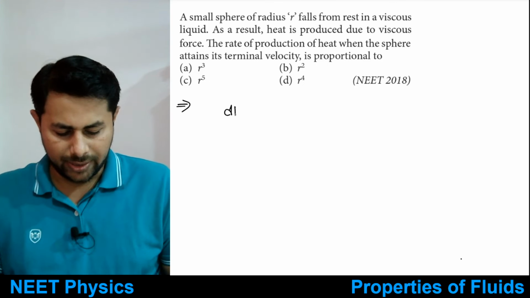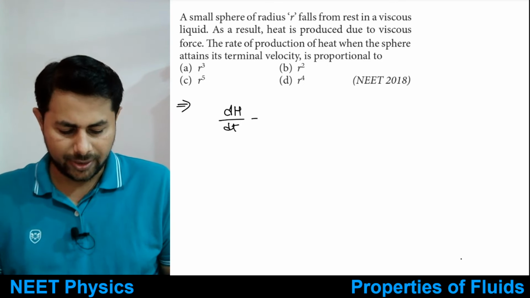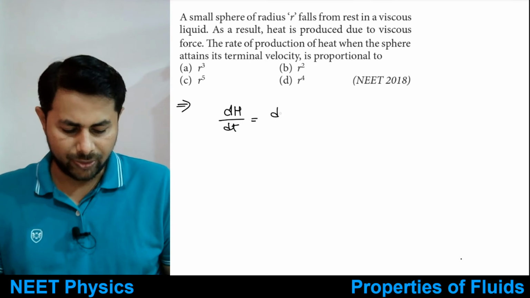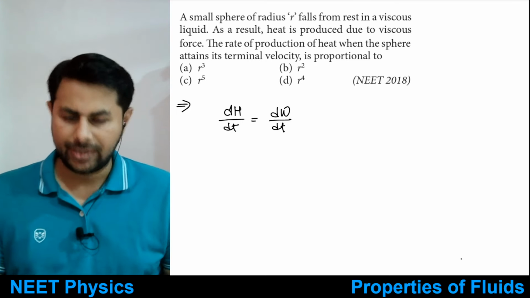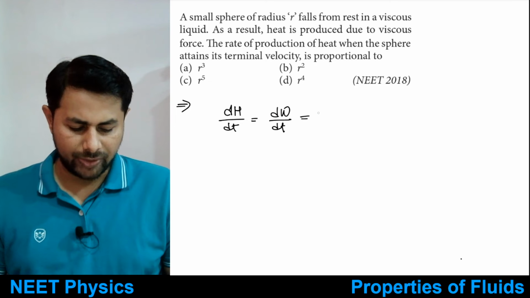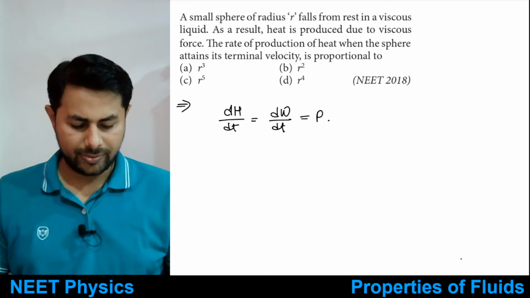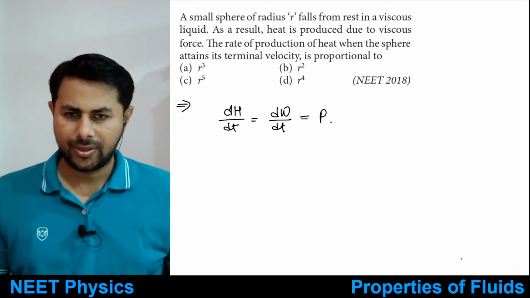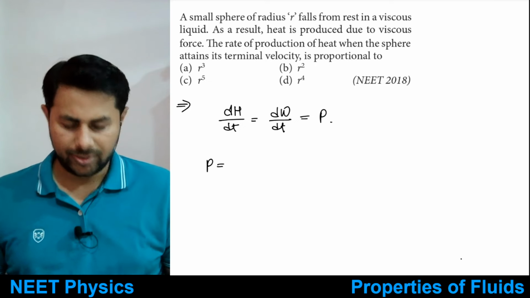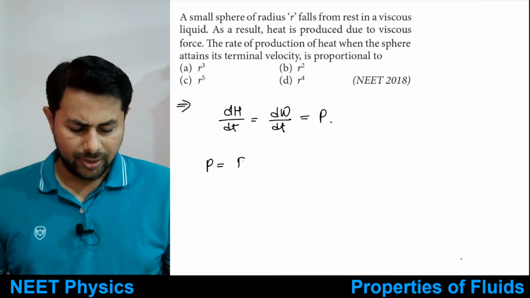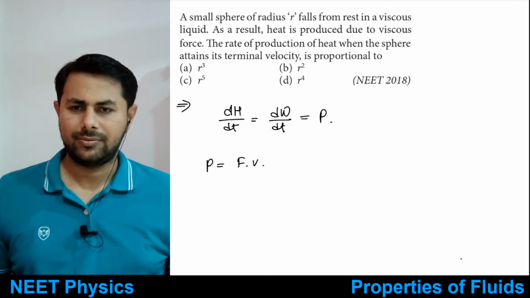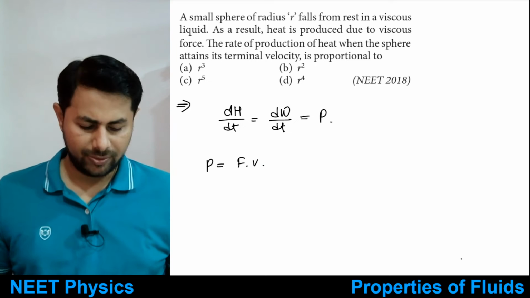So the rate of production of heat is equal to the rate of doing work. And what is the rate of doing work? It is called power, right? Power is equal to force times velocity.